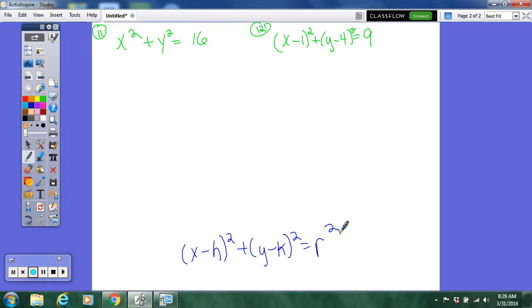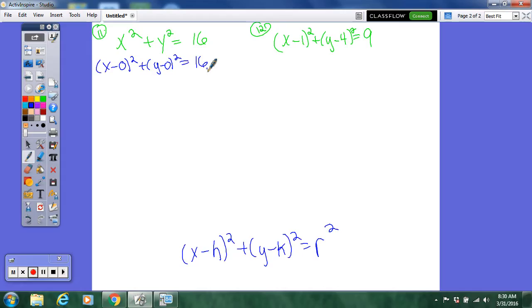Do you see anything added or subtracted? They're being squared. Well, this is the same thing as this. So really what's being added or subtracted is 0, okay?